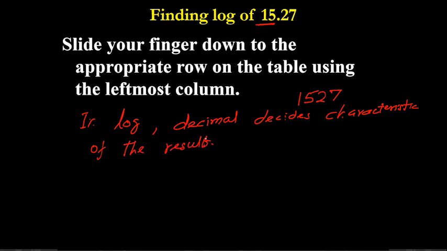So when you find the log, the decimal place will decide the characteristic, meaning what should be placed before the decimal. Everything else will tell you what is after the decimal.